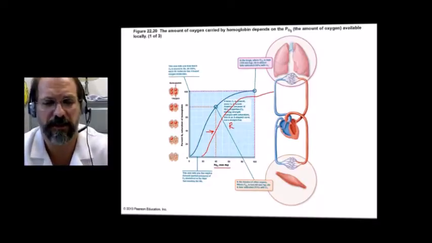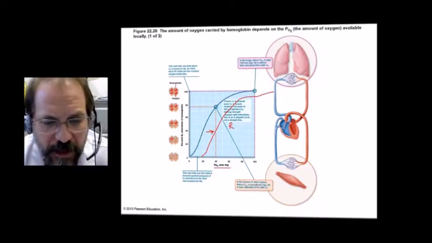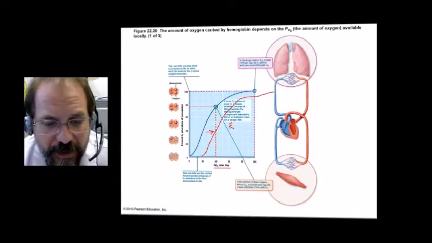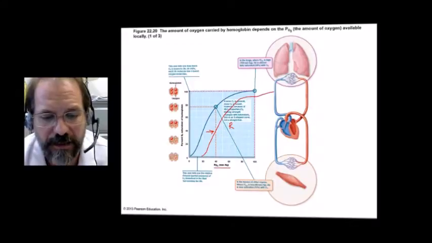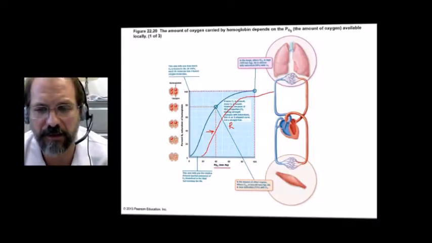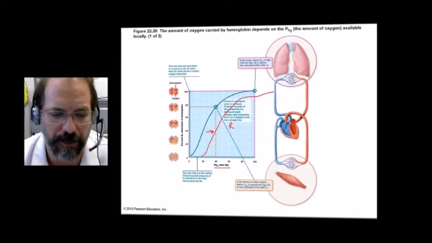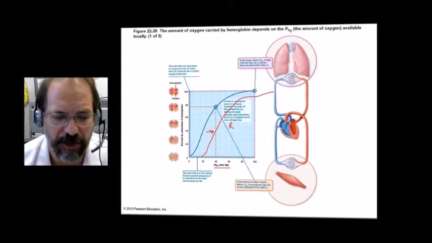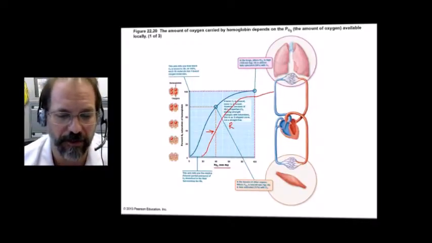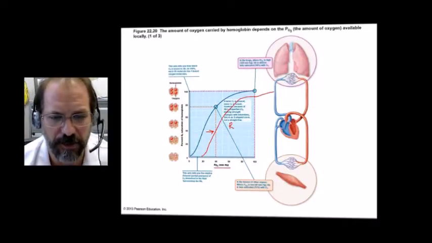There are environmental factors that would shift a curve to the right. Now what I want you to understand about a shift of the curve to the right is that it favors unloading. Okay? Shifting the curve to the right favors unloading. Now what do I mean by that? Well, let's pick this tissue PO2 of 40 that we might encounter in our standard curve shown in blue.